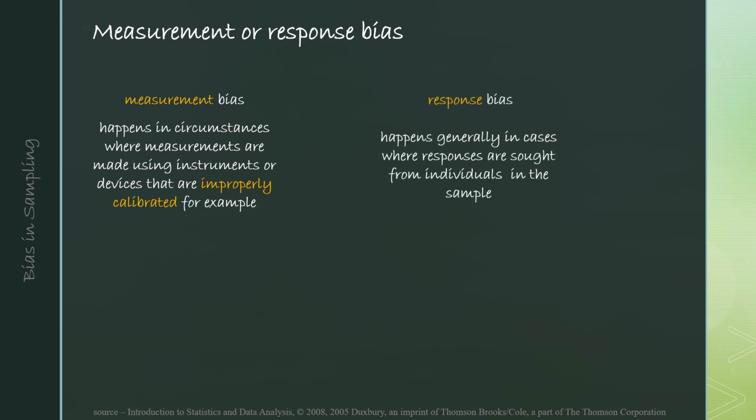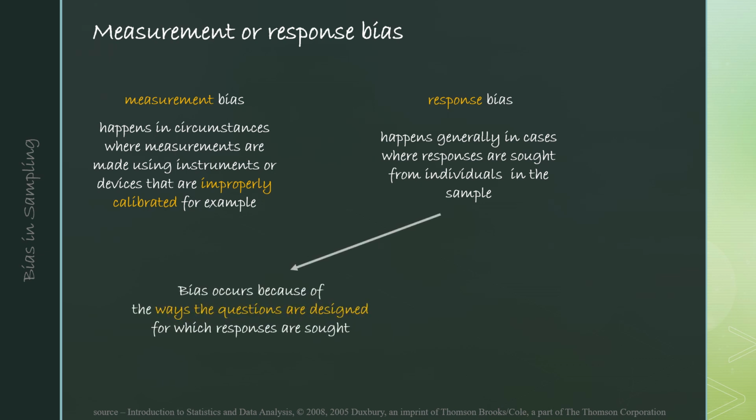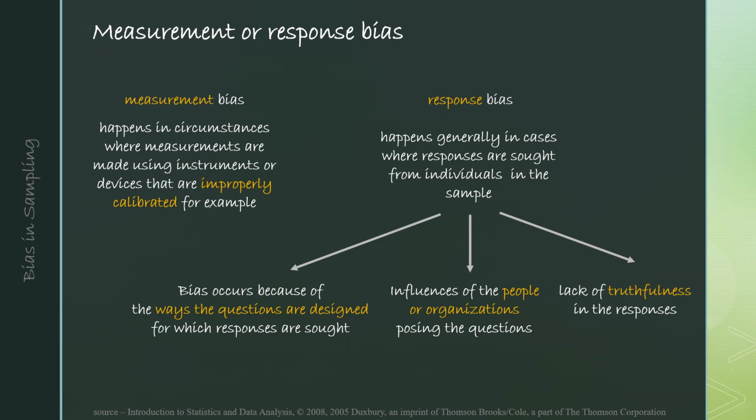On the other hand, response bias happens generally in cases where responses are sought from individuals in the sample. Bias occurs in these cases because of the ways the questions are designed for which responses are sought, influences of the people or organizations posing the questions, and lack of truthfulness in the responses.